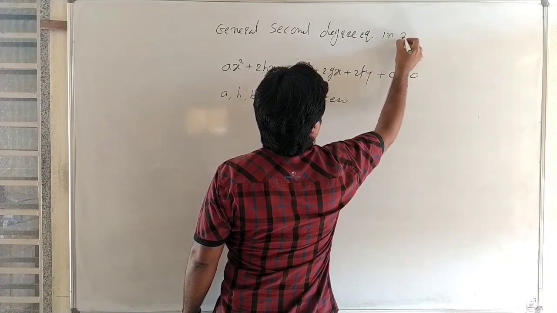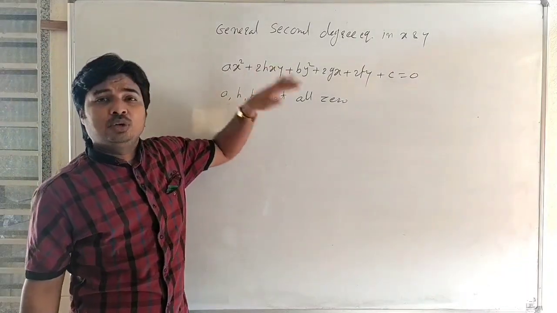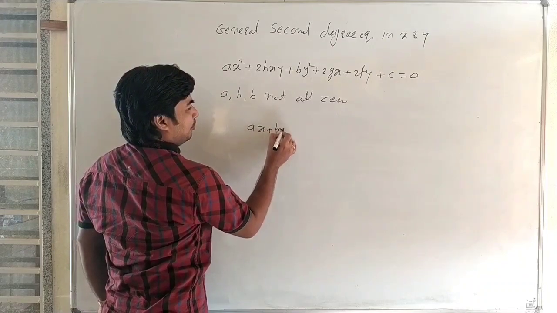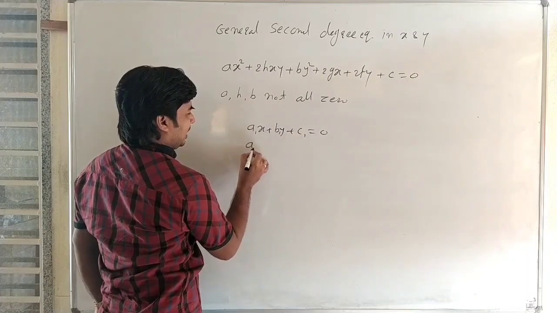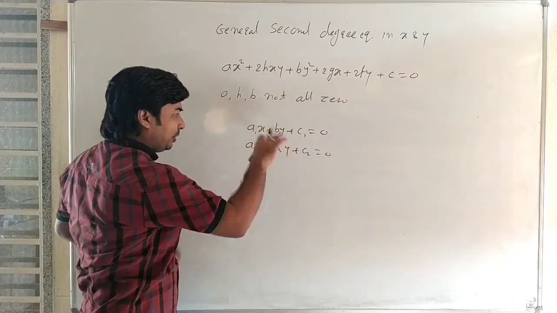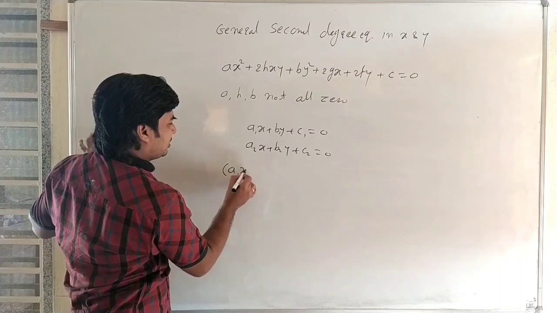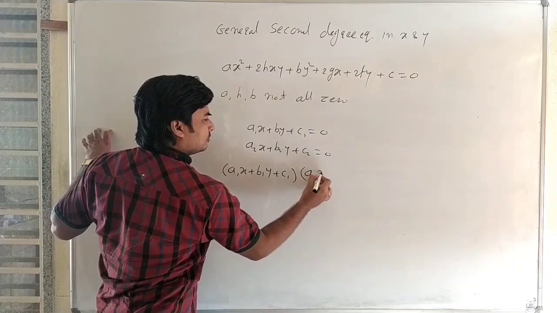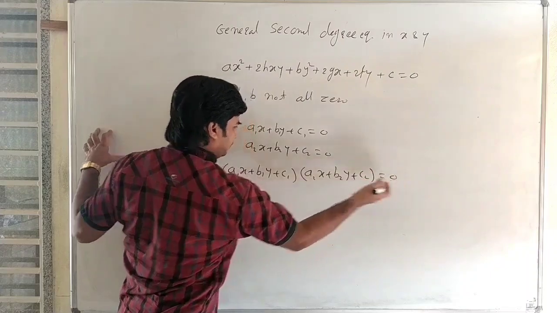In x and y. Now the combined equation of any two lines, that is a1x plus b1y plus c1 equal to 0 is the first line, and a2x plus b2y plus c2 equal to 0 is the second line. The combined equation of any two lines represents the general second degree equation, that is, a1x plus b1y plus c1 into a2x plus b2y plus c2 is equal to 0.